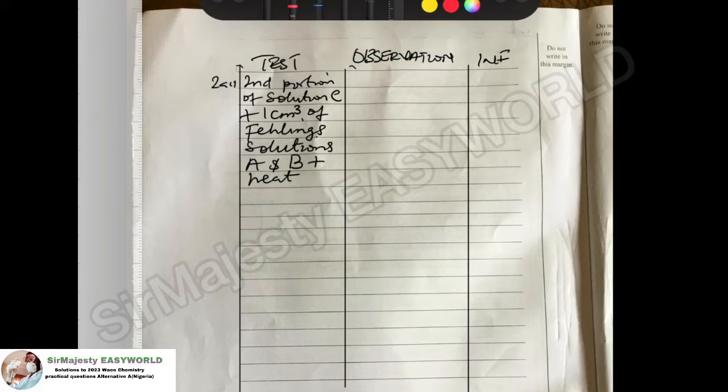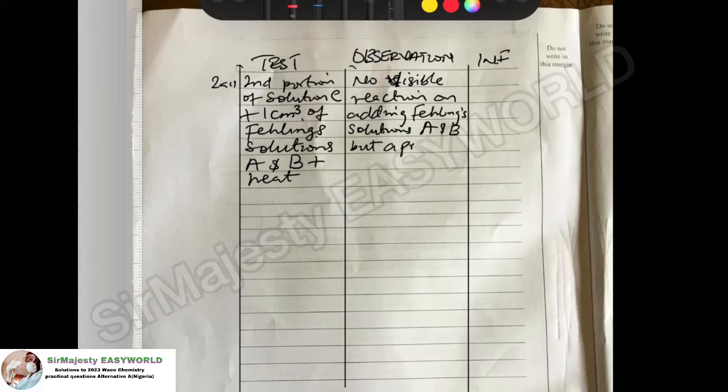Now in this situation, what will you observe on adding Fehling solution A and B? No visible reaction on adding Fehling solutions A and B, but on warming, a brick red precipitate was formed. Or you can go straight and write orange red precipitate formed on warming.